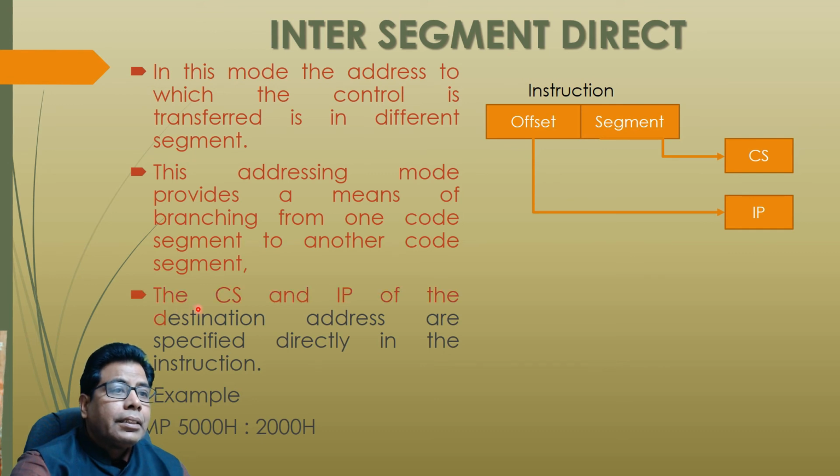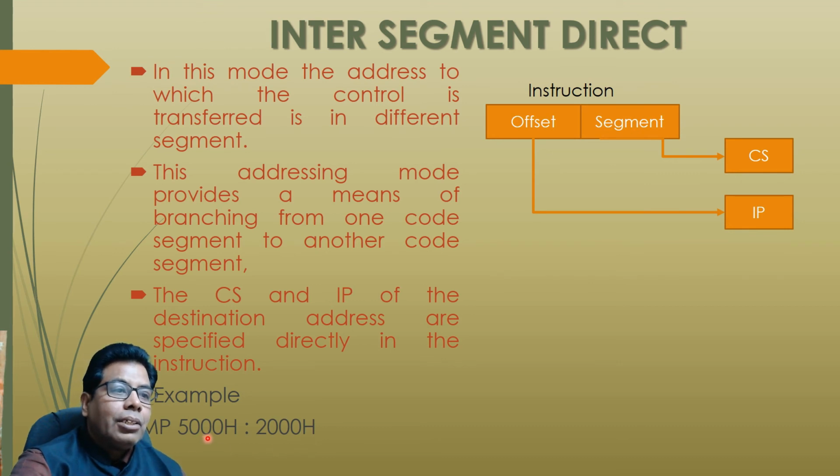The CS and IP of the destination address are specified directly in the instruction, as you can see here in the figure. This is the instruction. So the offset and the segment both are given in the instruction. The segment address will be given to the code segment, and the offset address will be given to the instruction pointer IP. So for example, here jump 5000 colon 2000.